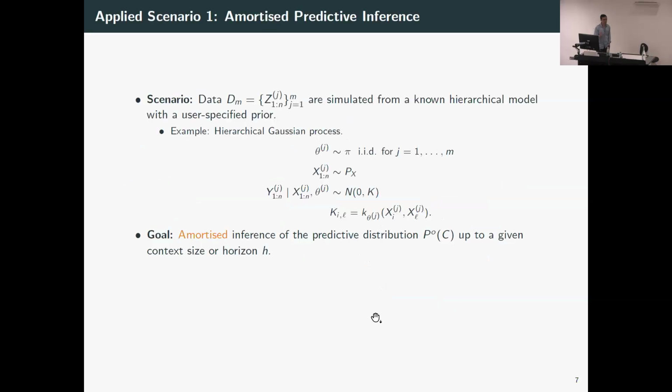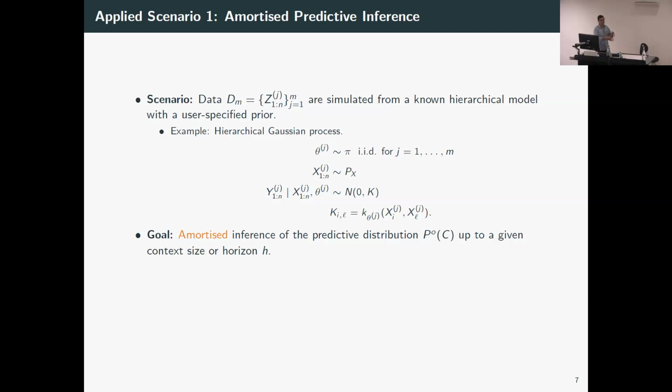There are two different ways of interpreting the application of this type of model. You can think of a setting where the data is simulated from a prior which you know beforehand. For example, you have a hierarchical Gaussian process, which you can simulate, but posterior inference is difficult, as you don't have nice closed-form predictive distributions.